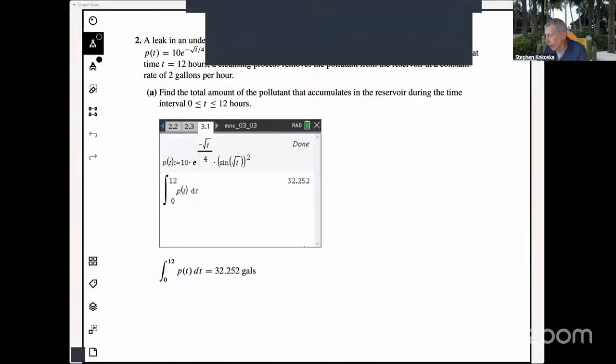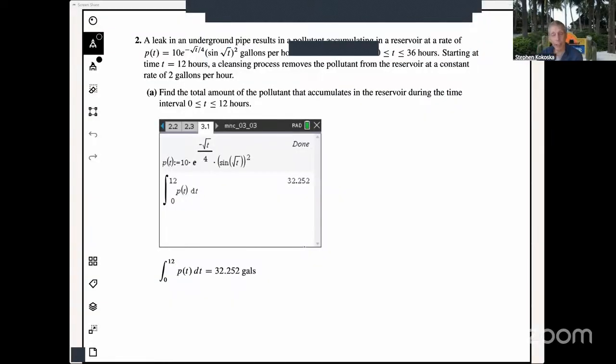Beautiful. Okay, so this is kind of a neat problem because I think this is also typical of many of the pre-response questions we've seen recently, which I might call a rate in, rate out problem. There's a leak in an underground pipe, and it results in pollutant accumulating in a reservoir at a rate given by that function P of T. It looks awfully complicated.